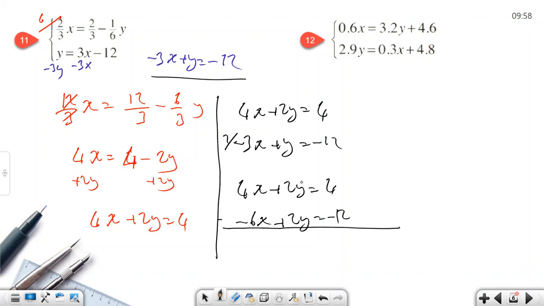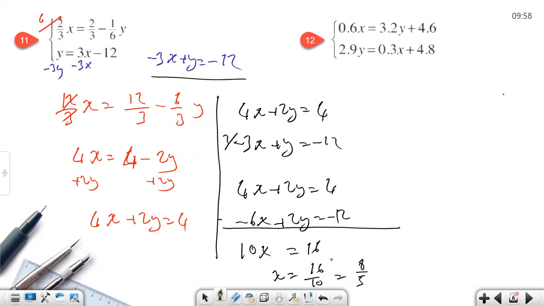Subtract them, because 2y and 2y cancel again. 4x minus minus 6x is going to be 10x. 2y minus 2y is 0. 4 minus minus 12 is going to be 16. x equals 16 over 10, simplified by 2, 8 over 5. x equals 8 over 5.